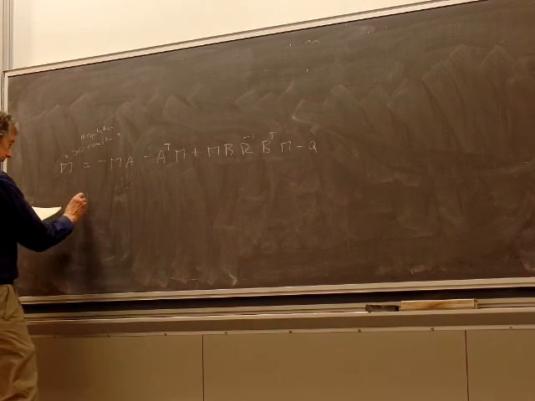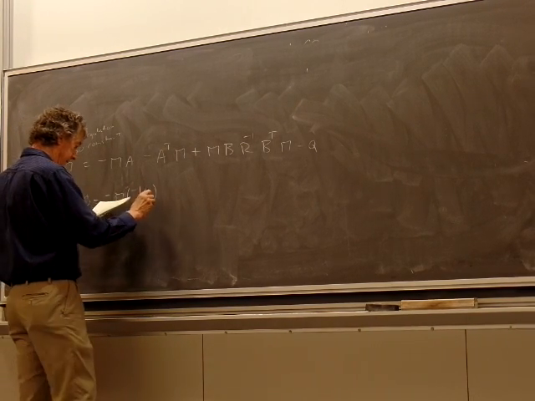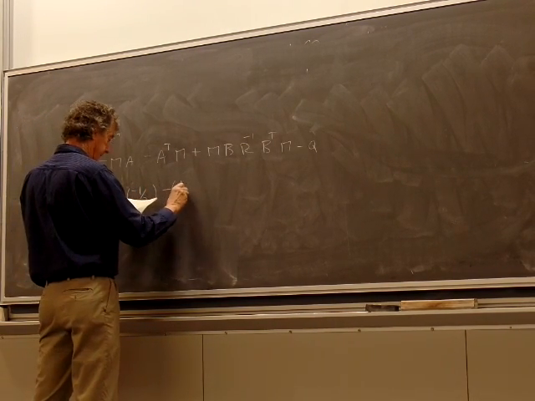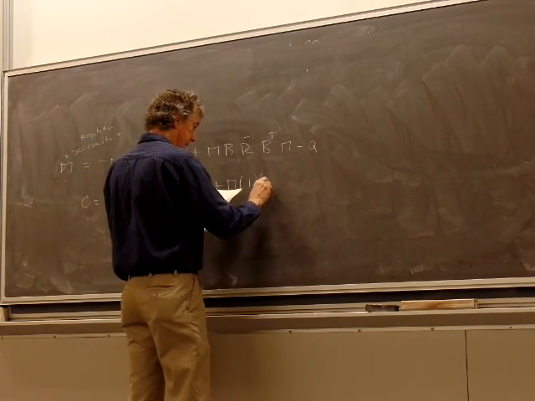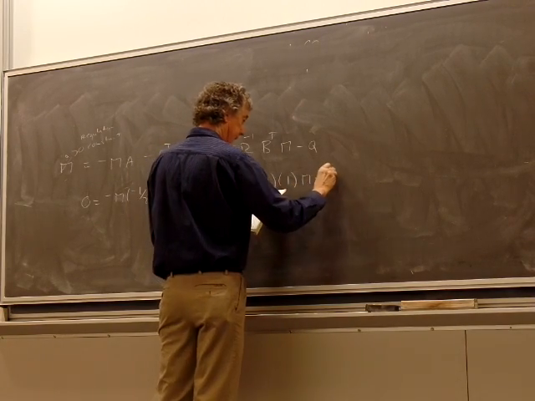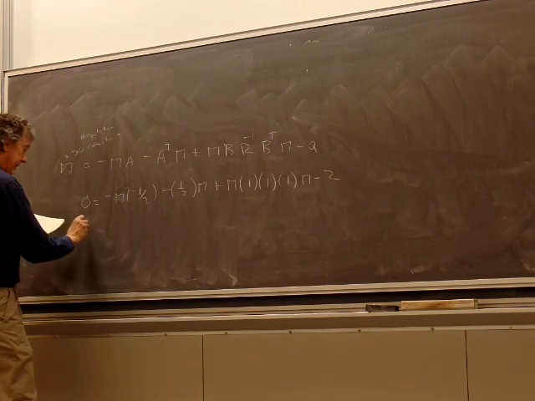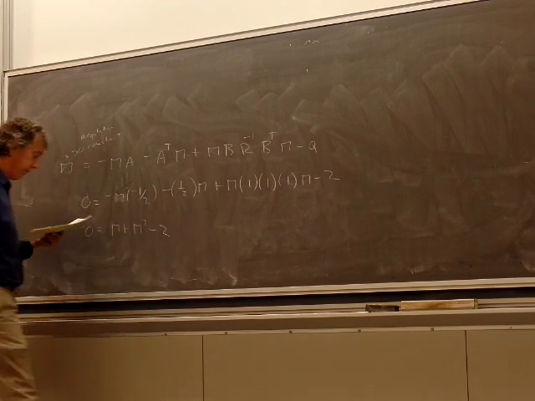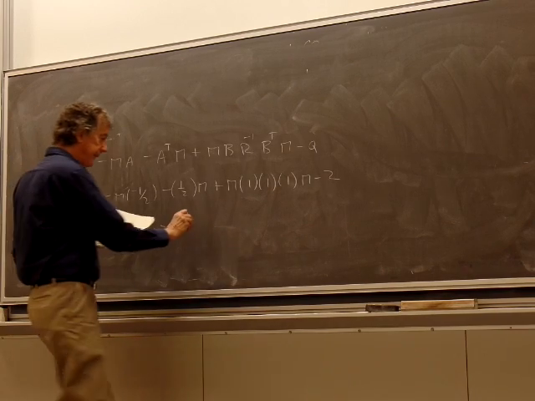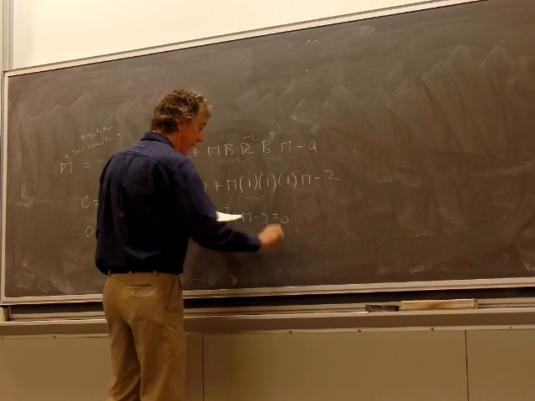All right, well, let's put in numbers. That's m plus m squared minus 2, or m squared plus m minus 2 equals 0.